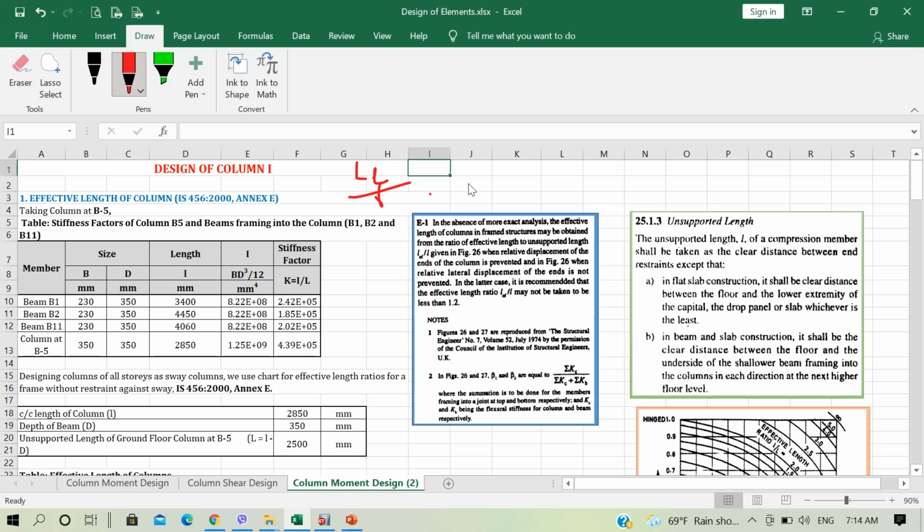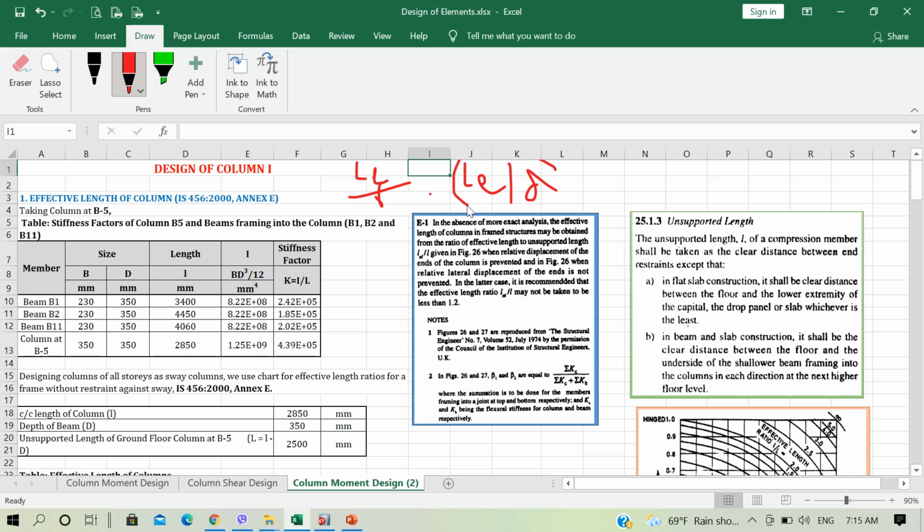Now in case of columns, our columns are solid sections, so we can change the formula for slenderness to effective length by D, where the D is the depth of cross section of column about which the column is likely to buckle. That means the value of D gives us the least lateral dimension of the column.